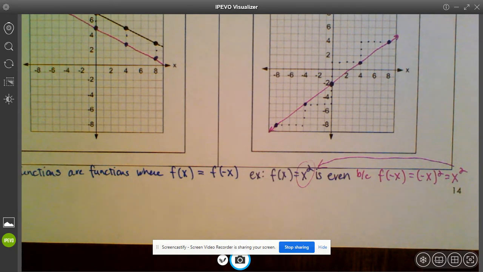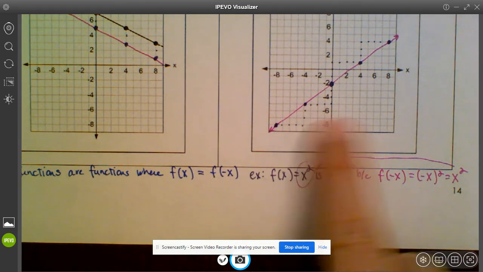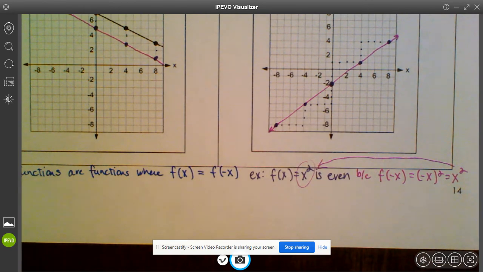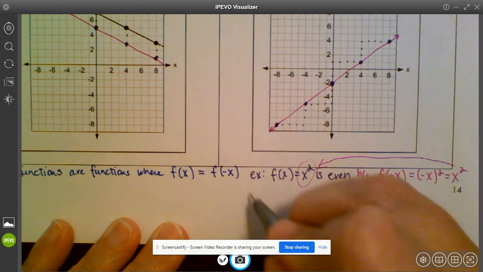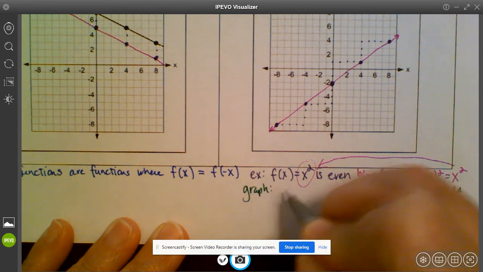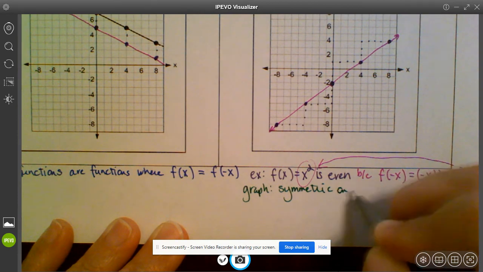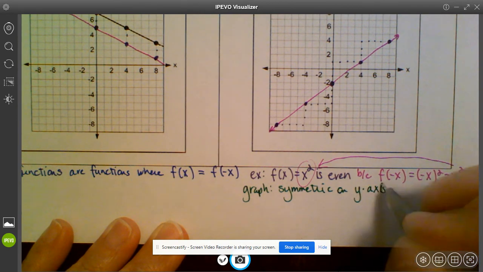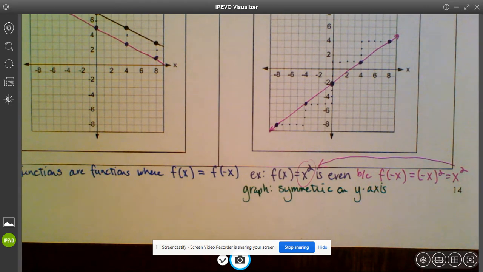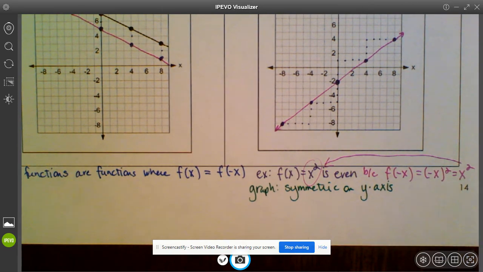And what does the graph of an even function look like? Well, think about your plain old quadratic function. It is symmetric on the y-axis, so it folds over onto itself. So in a graph, we are symmetric on the y-axis. We're going to go into more detail, but I would be remiss if I didn't mention it in this Unit 5 packet because we are introducing it in Unit 5.